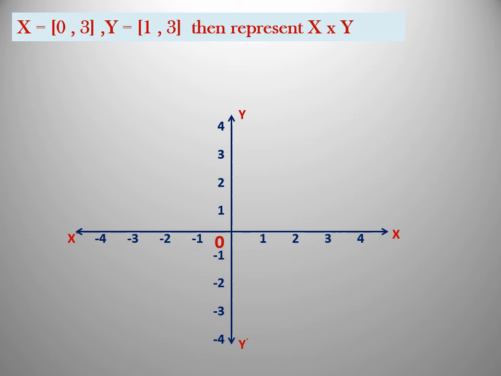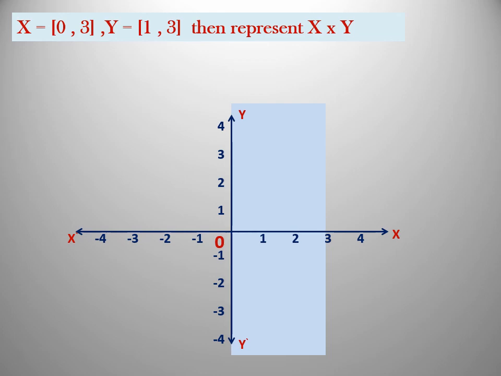So how can I represent x? I will go to the x-axis and find the period 0 to 3 and extend it in both directions, like that. This is the area of x, which is 0 and 3, and extended in both directions.